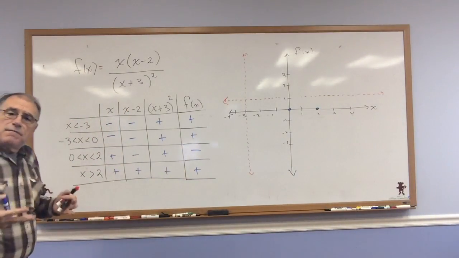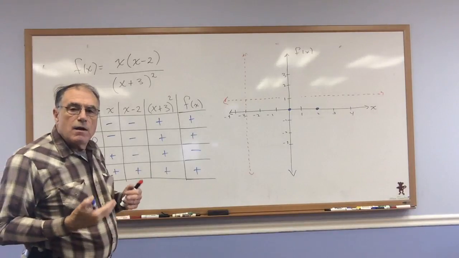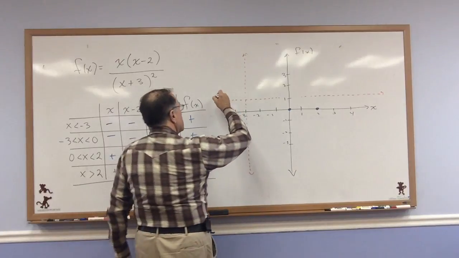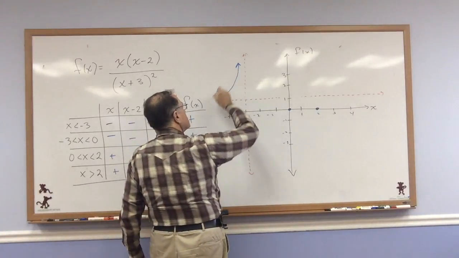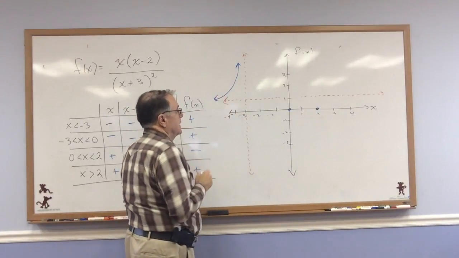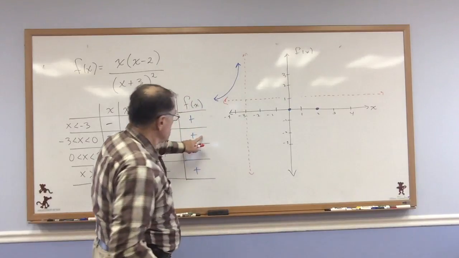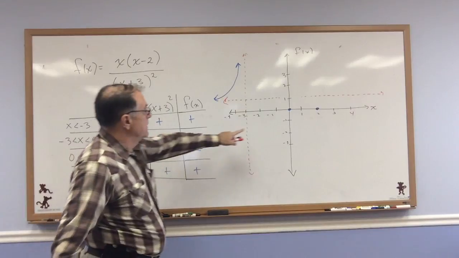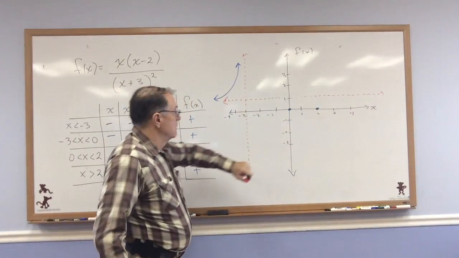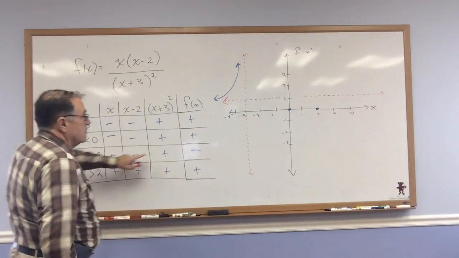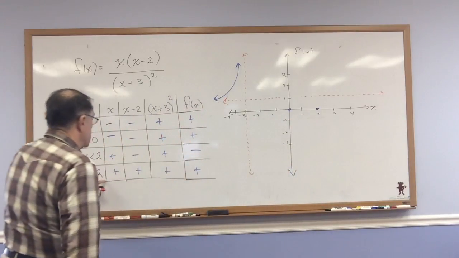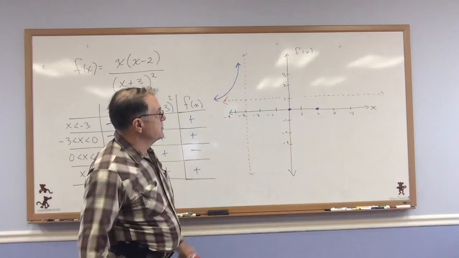All righty, this sign table tells me my function is positive. So I've got a piece of the function like so, approaching these asymptotes. Now this is interesting. The function is positive from -3 to 0. It's negative from 0 to 2. And it's positive again, greater than 2.